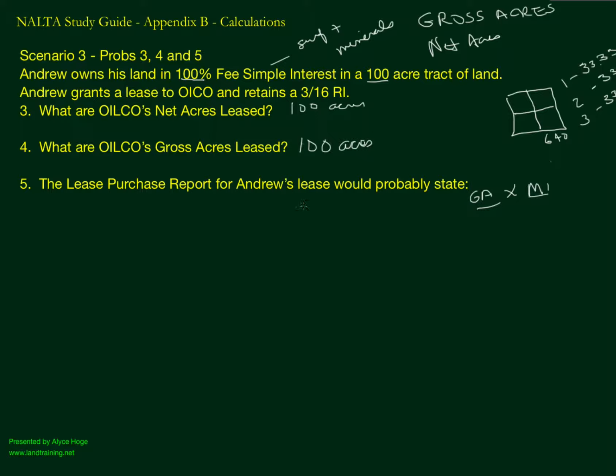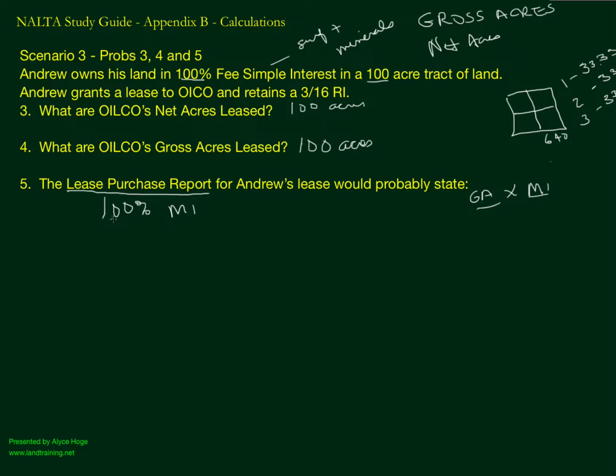And then the lease purchase report for Andrew's lease would probably state that Andrew owned a 100% mineral interest. So when we're talking about the lease purchase report, that is the document that the landman attaches to the lease.